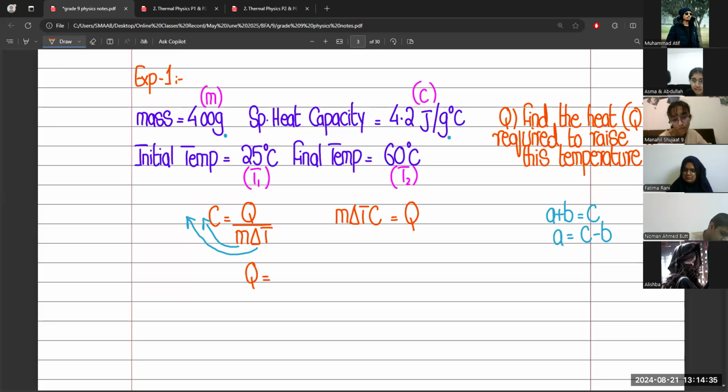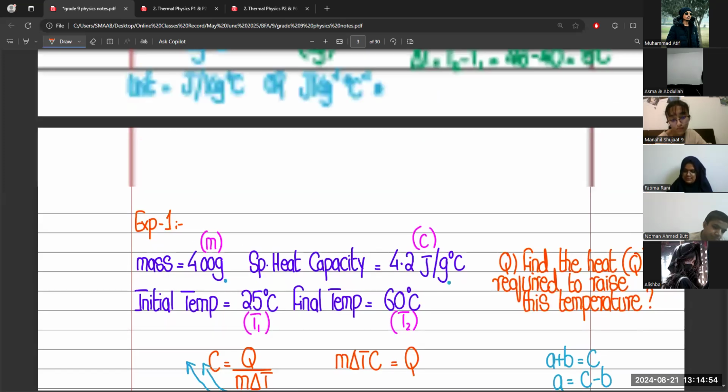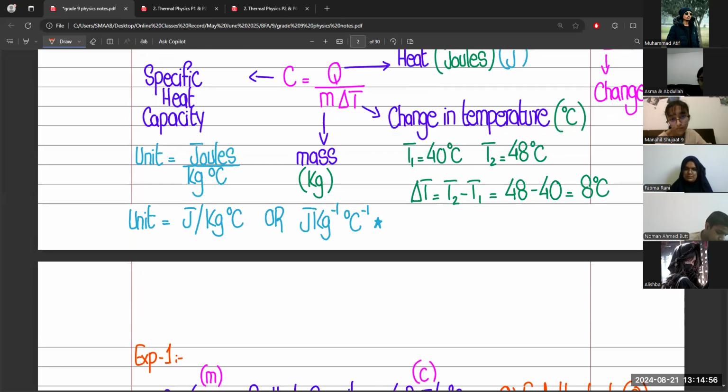So Q is equal to the value of mass, 400, and the temperature. Temperature is final minus initial, because we discussed delta T is equal to T2 minus T1.